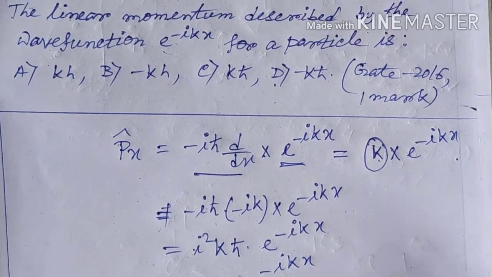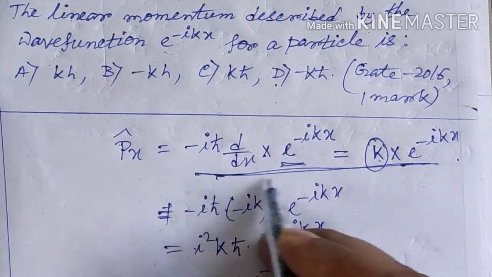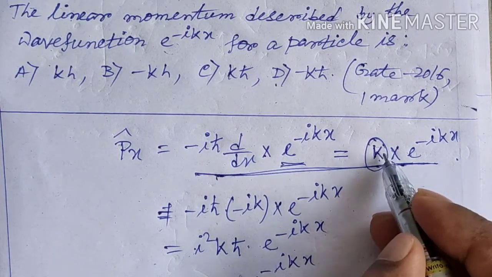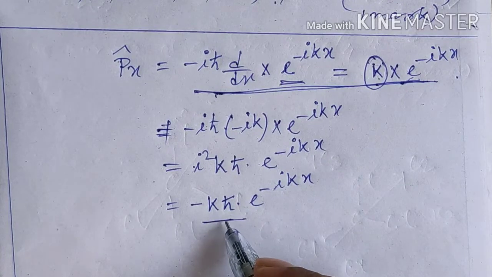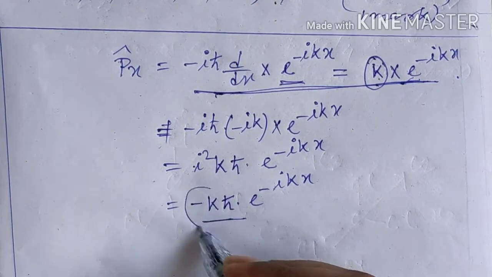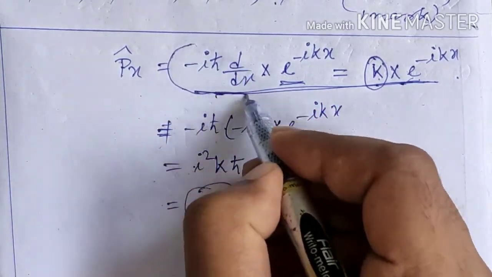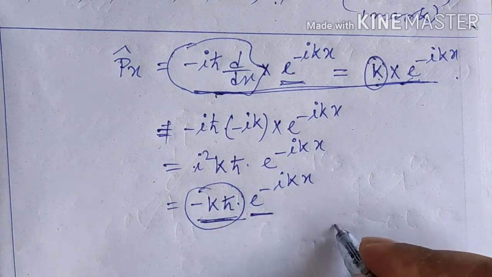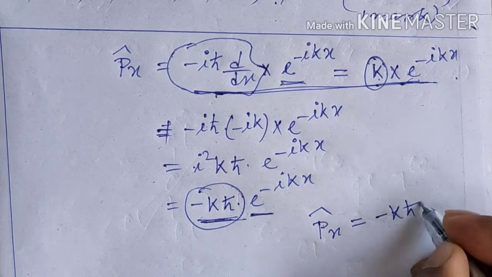As I have written this, if we convert this derivation in terms of a constant factor into the function, as I have transformed this in constant factor into the same function, that is the value of this operator is minus k h cut.